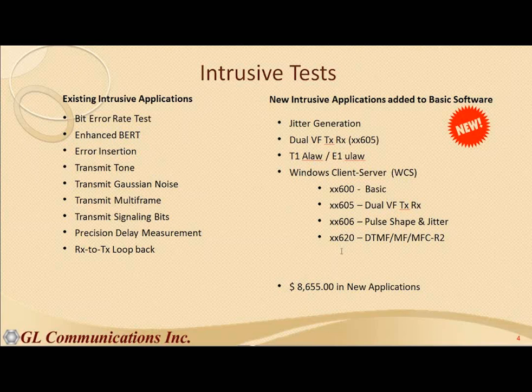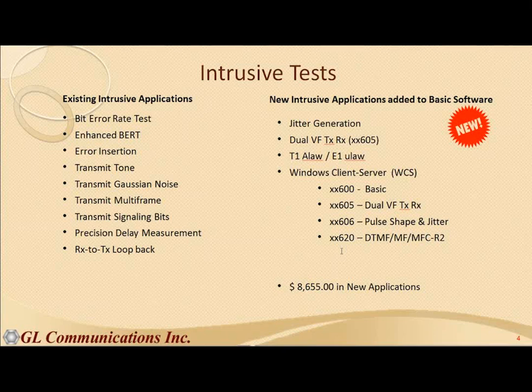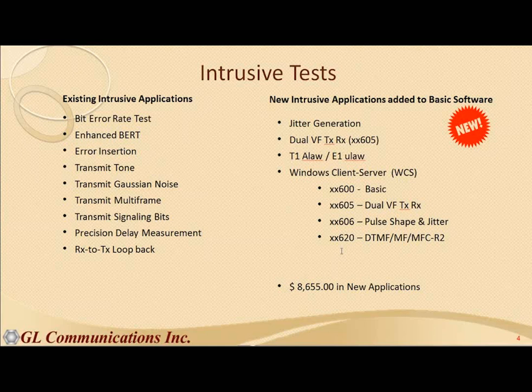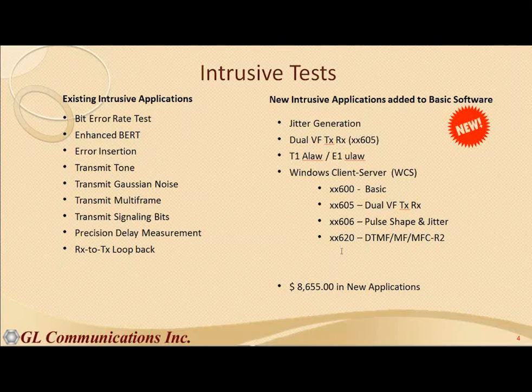There are a bunch of Windows Client Server applications. Windows Client Server, what does that mean? That allows all of our applications that are GUI based, graphical user interface based, to be available in a client server command line type of interface.